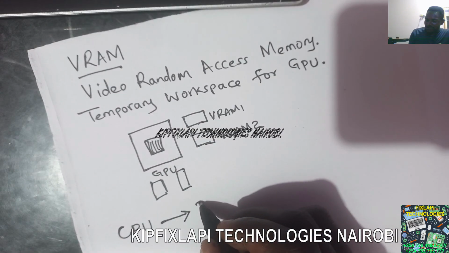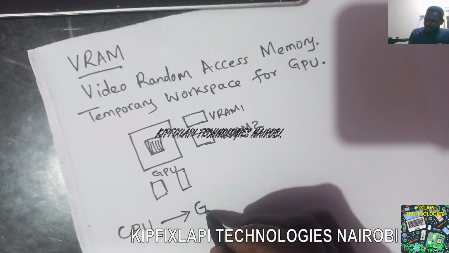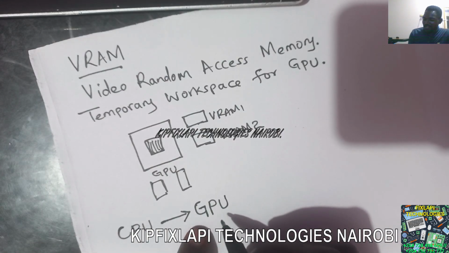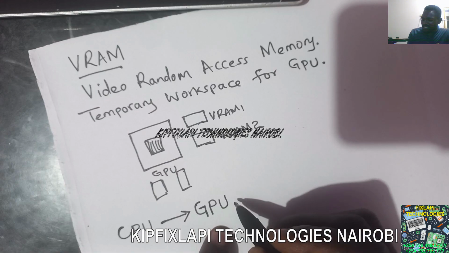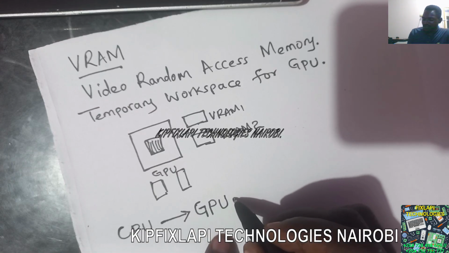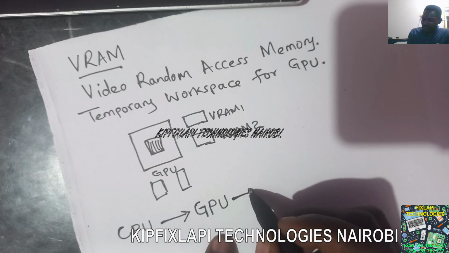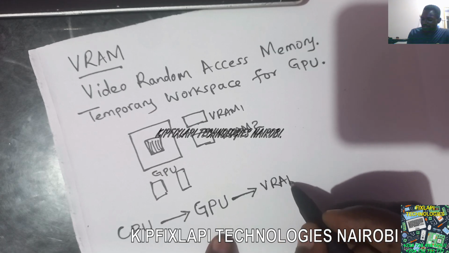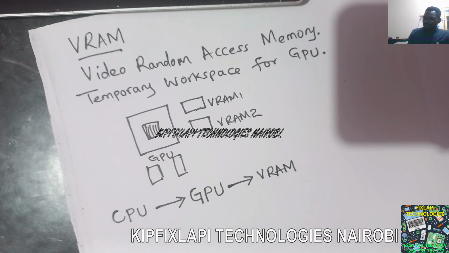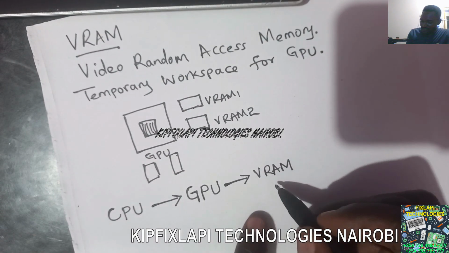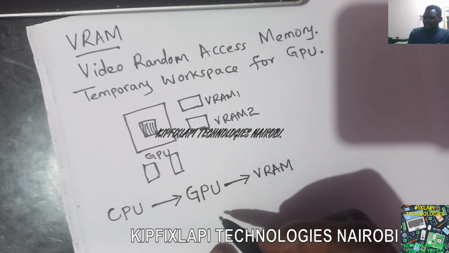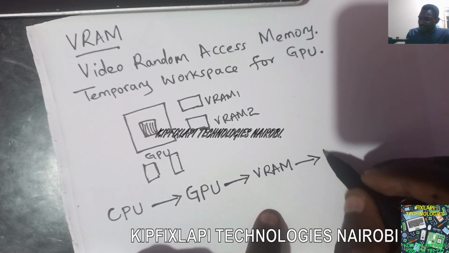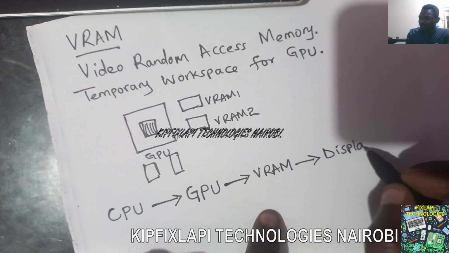Into the GPU, whereby the GPU processes that information and stores it in the form of textures, geometry, or shaders. And stores them where? At the VRAM. Once the information is ready, it is sent to the display, or the screen.